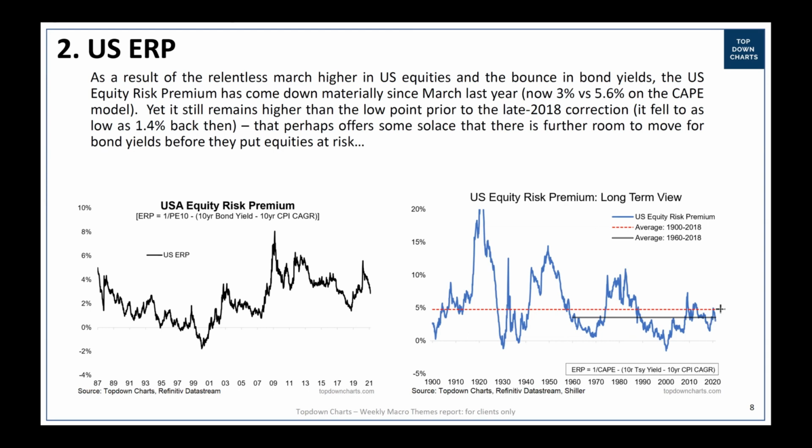It did go to cheap, pretty attractive levels in March last year, and has since come back down to really pre-crash levels. But still not yet down to 2018 levels, where yields rose and basically triggered the market to go into a pretty decent correction.